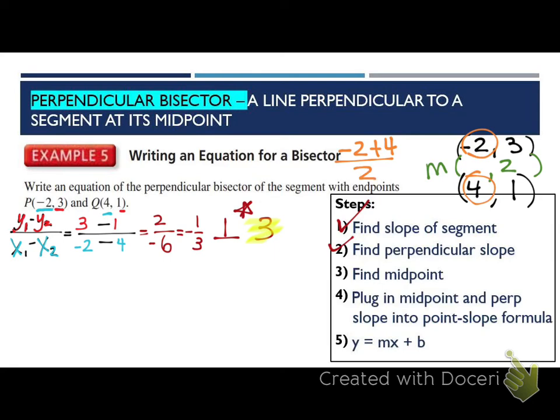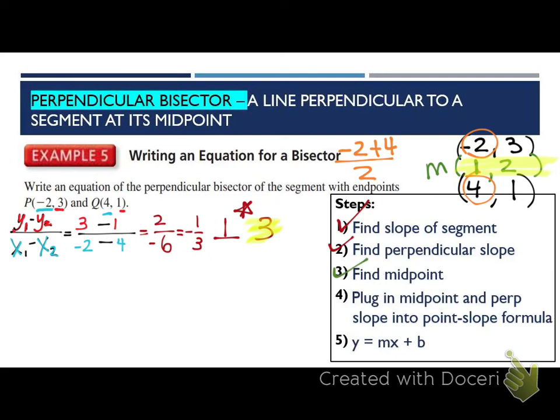So what is -2 plus 4? It's 2. Divided by 2 is 1. Because 1 is 3 apart from 4 and 3 apart from -2. So if you want to put a star next to it or highlight it, we found the midpoint.